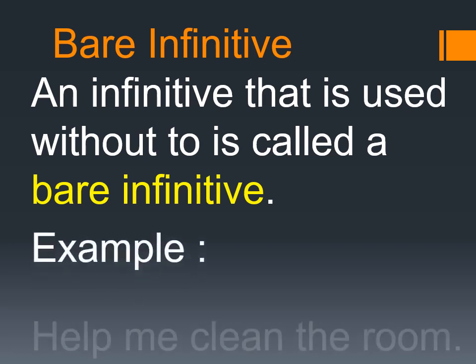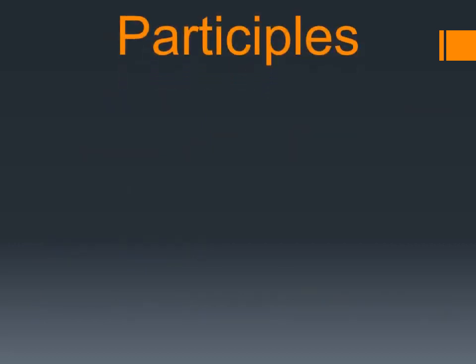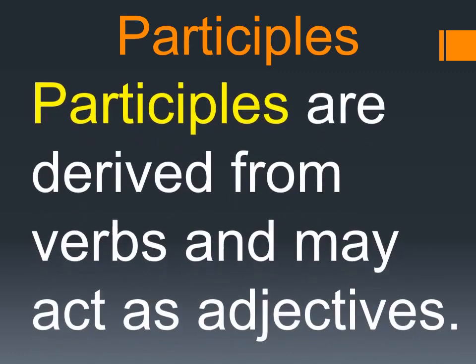For example, help me clean the room. Here I have not written help me to clean the room. Help me clean the room. Where to is not used with the verb, that is called bare infinitive. Now the question is, what are participles? The participles are the second type of non-finites.